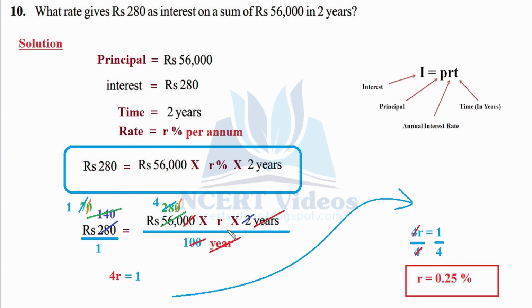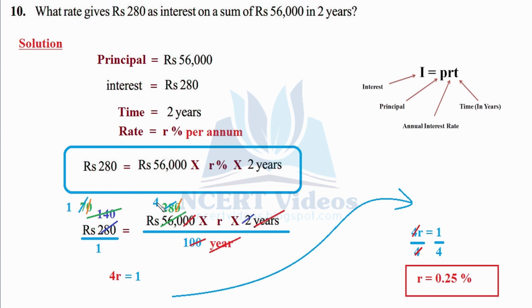Year cancel, 2 zeros cancel here, 1 2 is a 2, 142 is a 280, 2 7s are 14, 0, and 2 2s are 4, 1 6, 2 8s are 16, 0 as it is. Now this 0 cancel out, 1 7s are 7, 4 7s are 28. Cross multiply it because no more cancellation can be done.